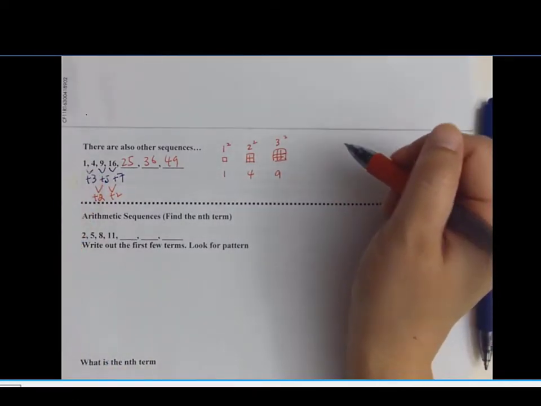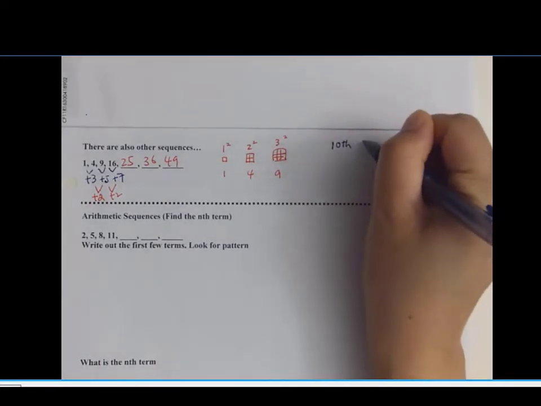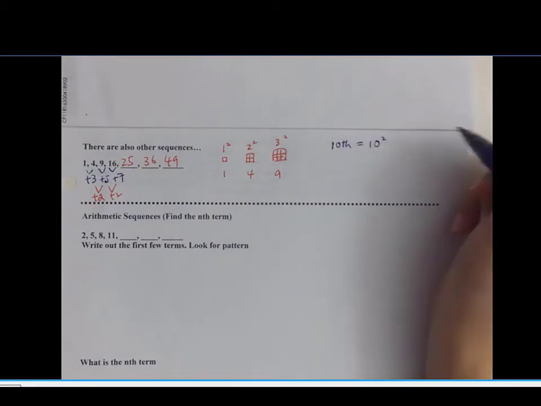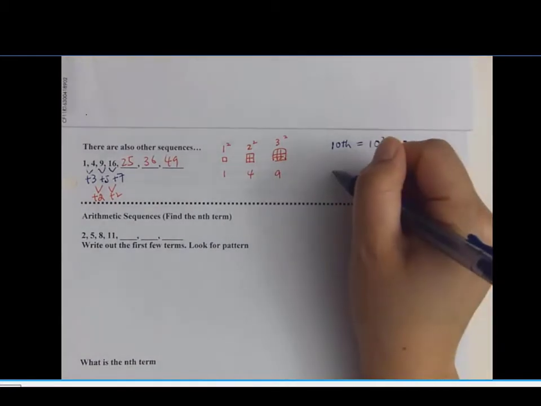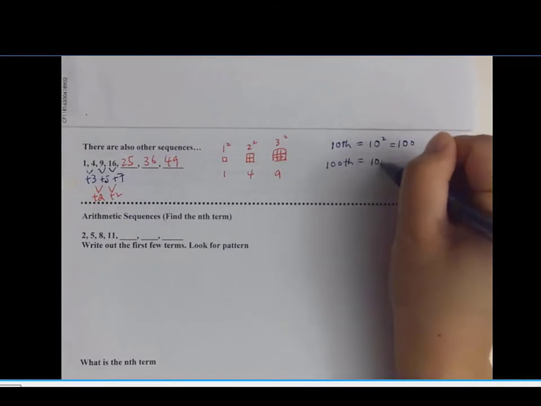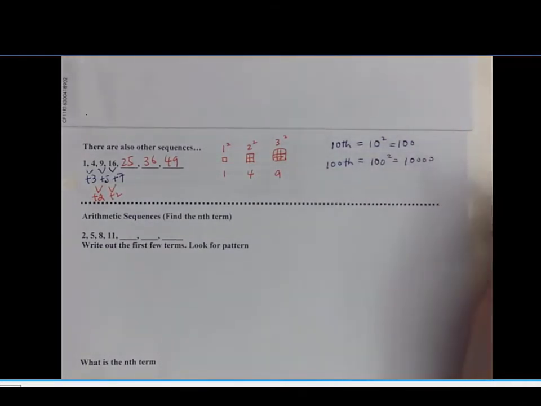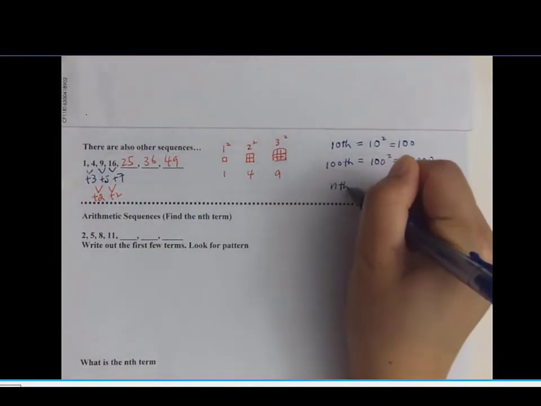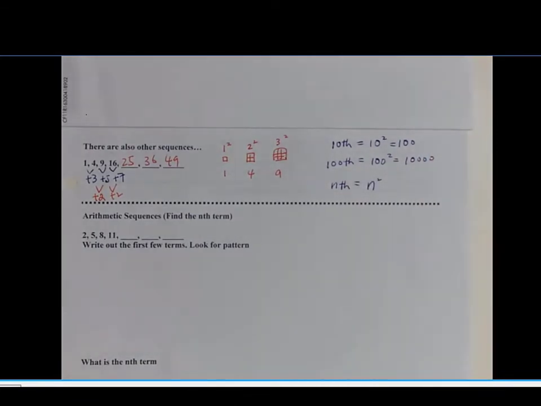So if I want to know the 10th term of this, it would be just 10 squared, right? So it would be 10 times 10 equal to 100. If we're looking for the 100th number, it would be 100 squared, right? Which would have 4 zeros. And if we want any term, the nth term, basically just n squared, right? So this is one of the special ones.